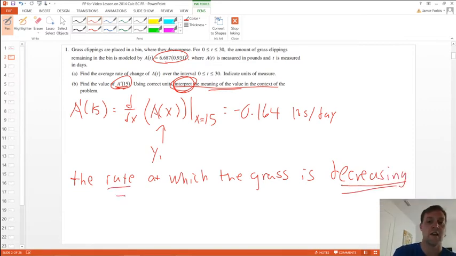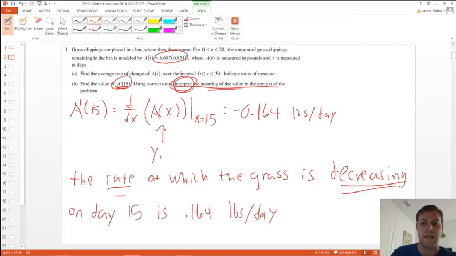So the rate at which the grass is decreasing, and remember the derivative is instantaneous rate of change, so you want to say on day 15, so at time 15, is 0.164 pounds per day. And I didn't make it negative because I already said it was decreasing right here. You can make it negative if you want, but I think that's kind of counteracting what you're saying. So the rate at which the grass is decreasing on day 15 is 0.164 pounds per day.